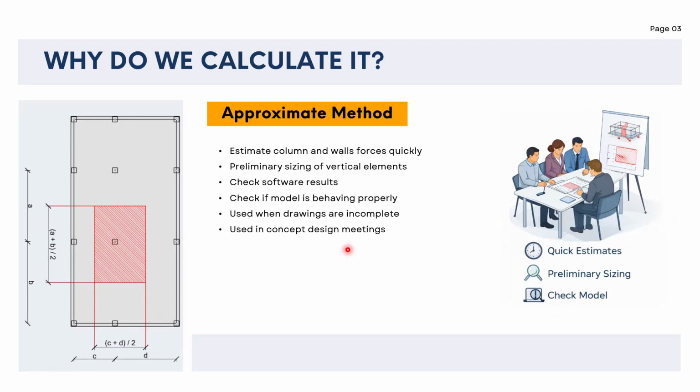So this could be a quick check we do for two, three columns and two, three walls, just to get the forces manually in the columns and walls, and then we compare the axial force with the results from the software to know if the software is behaving properly or not. Of course, we won't get the exact same result because the model takes a lot of different things into consideration, but at least we get close results.